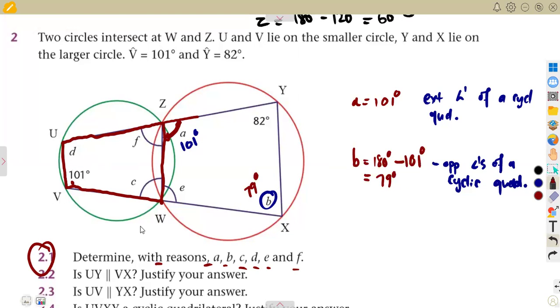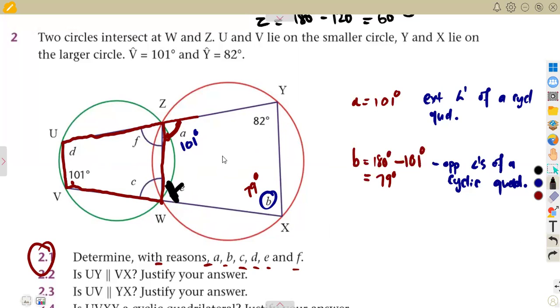Let's move on to another part. We can have also C. C is the same thing from the bigger circle, a cyclic quadrilateral. We are going to see that C is the exterior angle, just like A, which was the exterior angle of the smaller circle. C is also the exterior angle, but of the bigger circle. So it is equal to the opposite interior angle, which is 82.